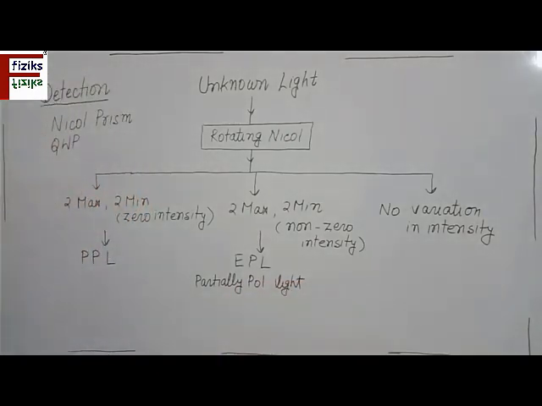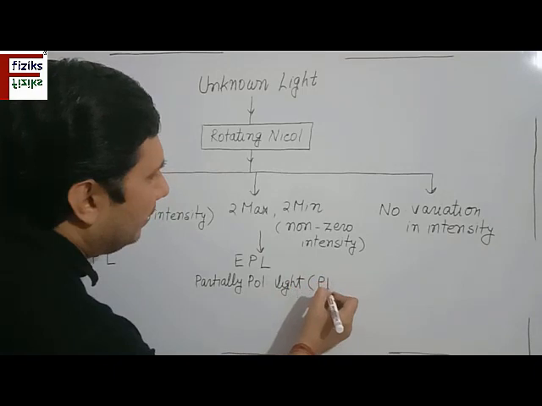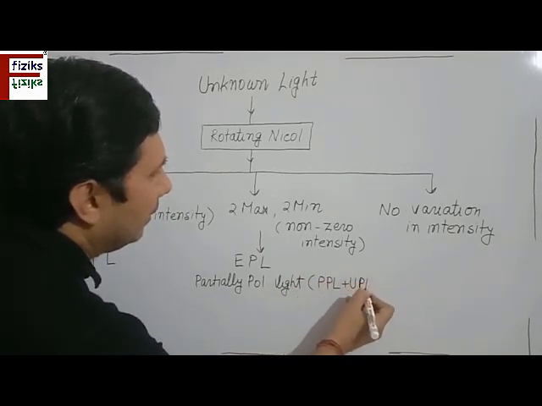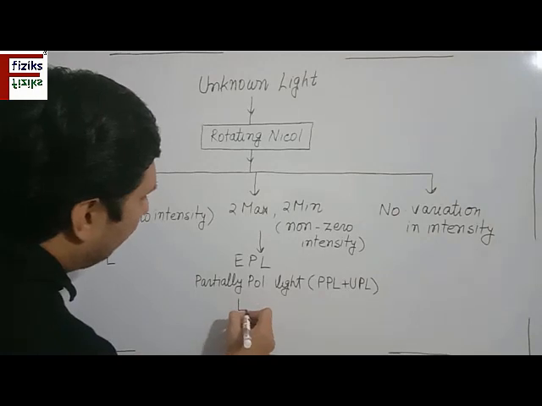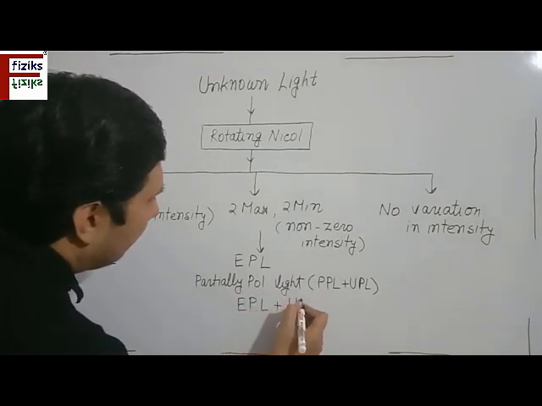Partially polarized light is a mixture of PPL plus UPL. So this is a mixture of PPL, plane polarized light, plus unpolarized light. And third possibility is a mixture of EPL plus UPL. So there are three possibilities in this case.